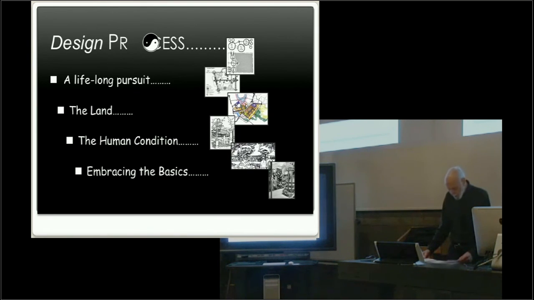This pursuit is an exciting and exacting adventure. I believe very deeply that none of these achievements will occur without embracing first a deep immersion and understanding of the land, second, a deep understanding of the human condition, affecting and affected by one's involvement, and third, the basics of the design process.